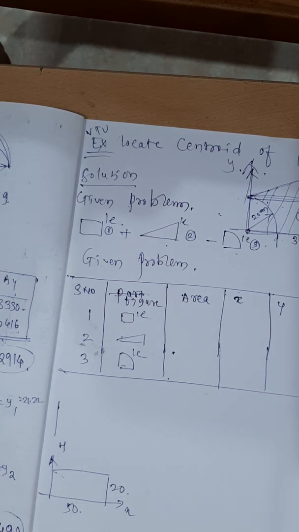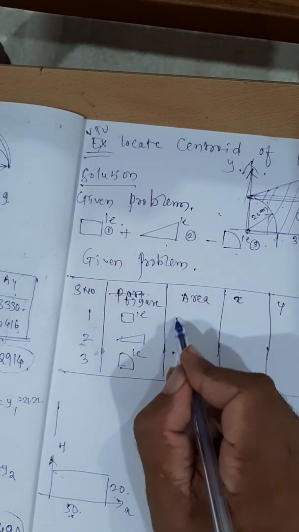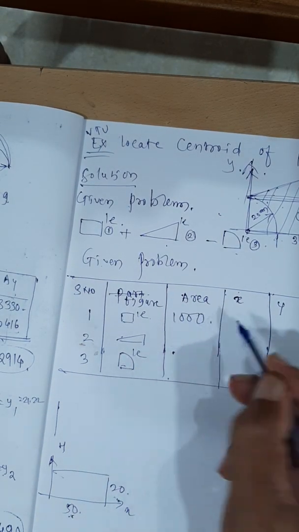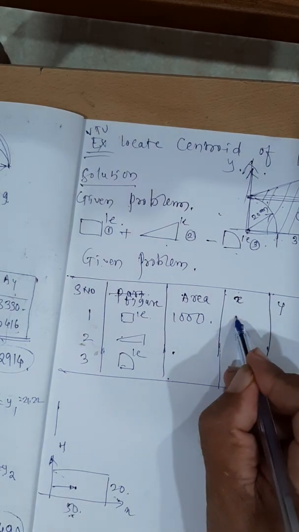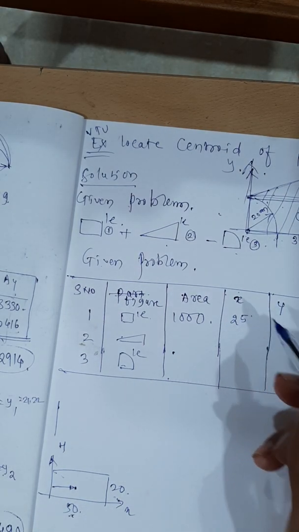Can you guess the area of this figure? Area is 50 into 20, that is A1 is equal to 50 into 20, which is 1000. The x value of this figure, where the center of gravity is somewhere here, will become 25, right?